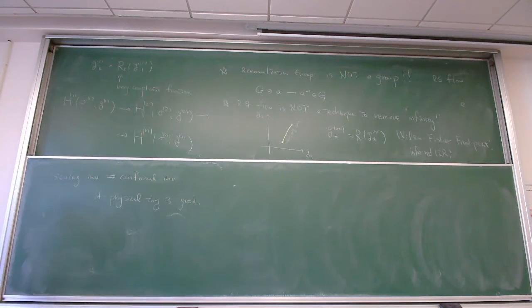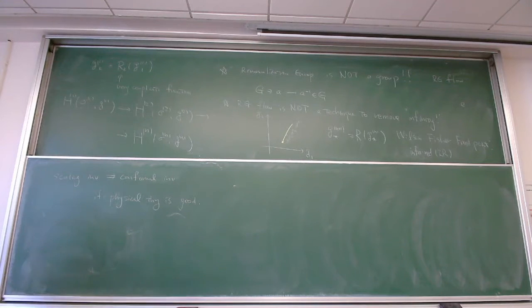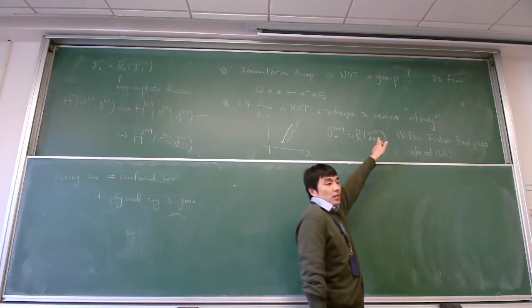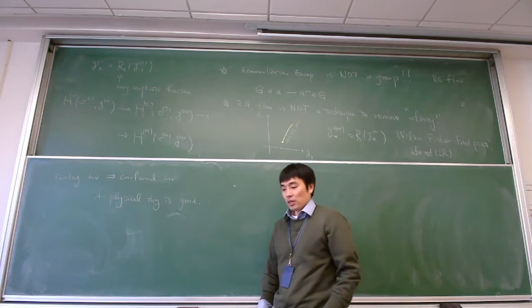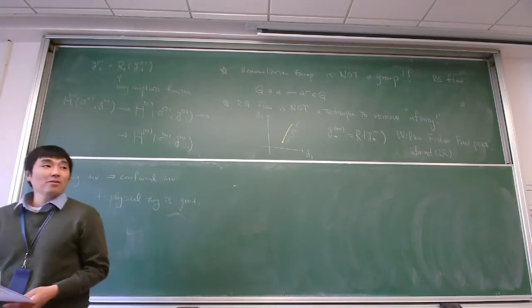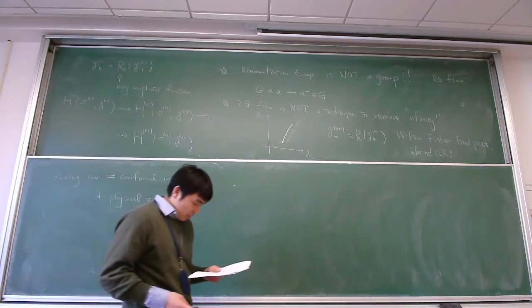But there's no proof, indeed. Unless you start with a very strange theory, this is true. So people often believe that at the IR fixed point, being scaling invariant means conformal invariant. Therefore, at the IR fixed point, the theory is a conformal field theory.